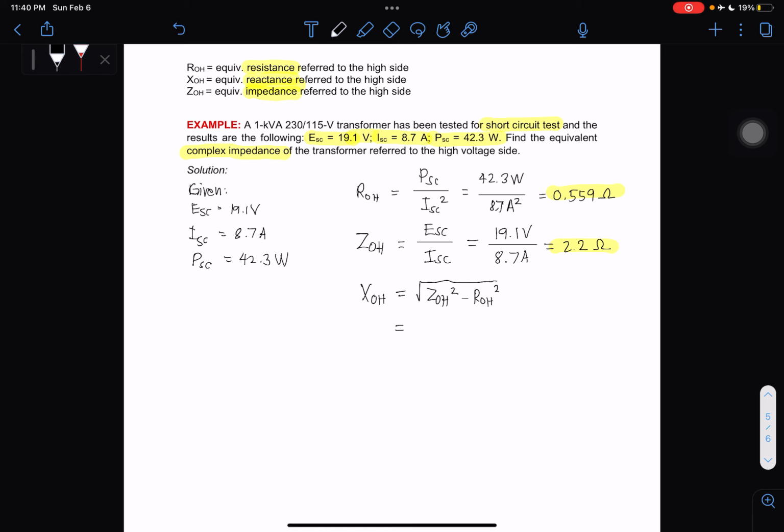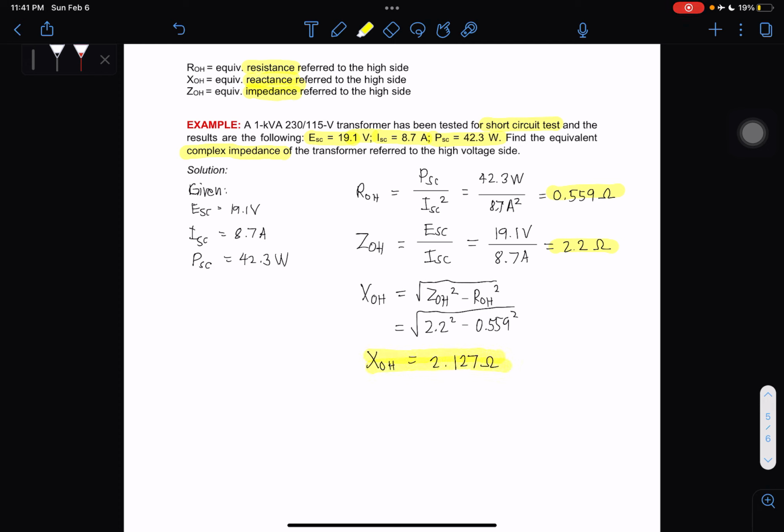We have 2.2 squared minus 0.559 squared. Our equivalent reactance will be 2.127 ohms.